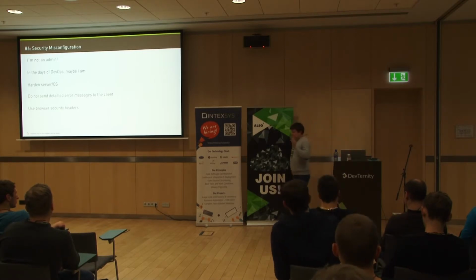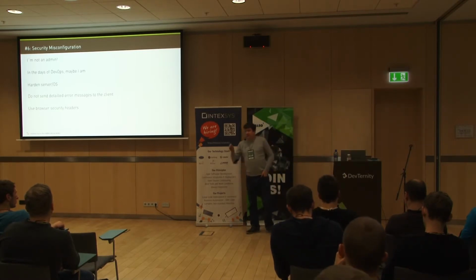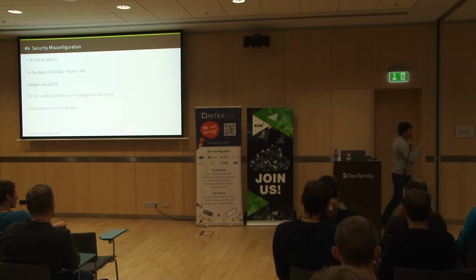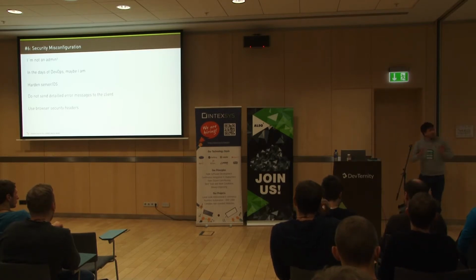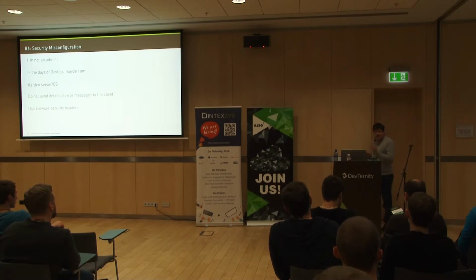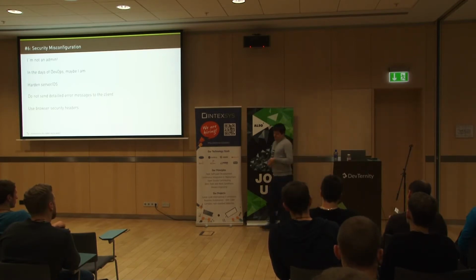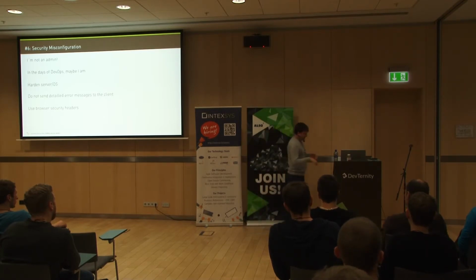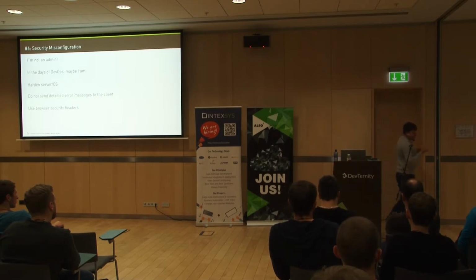So definitely do that. What's also relevant is that error messages are great for developers because you get lots of information and stack traces. But the problem is you're the only person that should actually see this information. So don't send out detailed error messages. One pattern we have been using quite a bit is that if there is an exception on the server, we log that exception in a database and create an ID for the database entry, let's say a GUID.